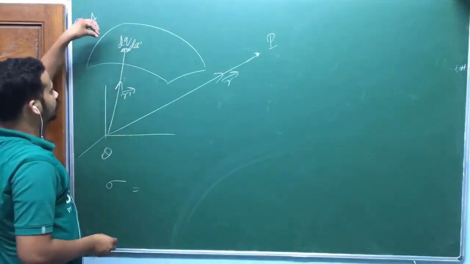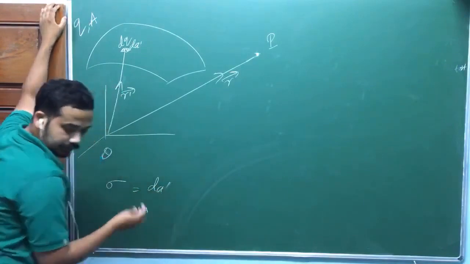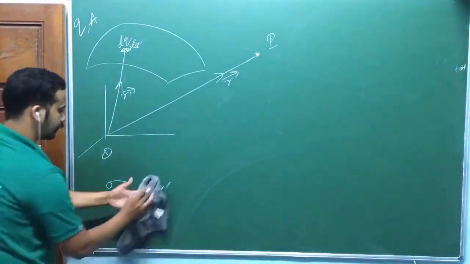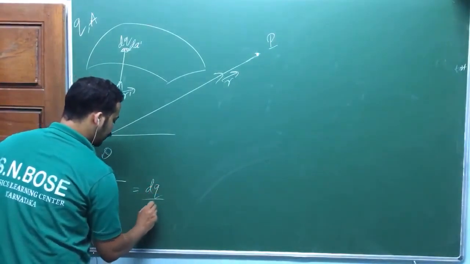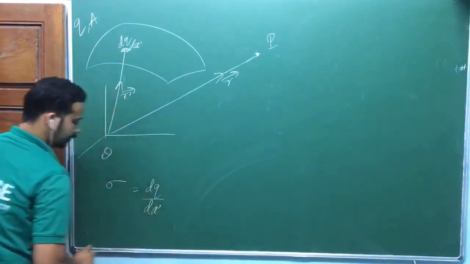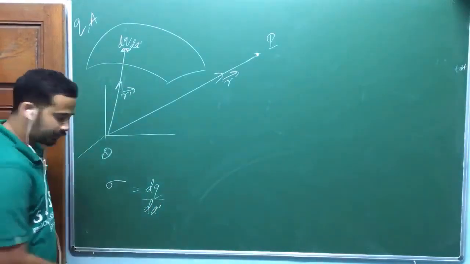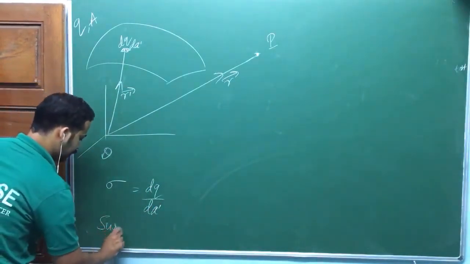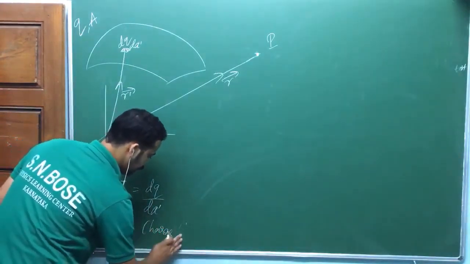Charge divided by area, isn't it? The small elemental charge dq divided by its area dA prime, we call it the surface charge density.